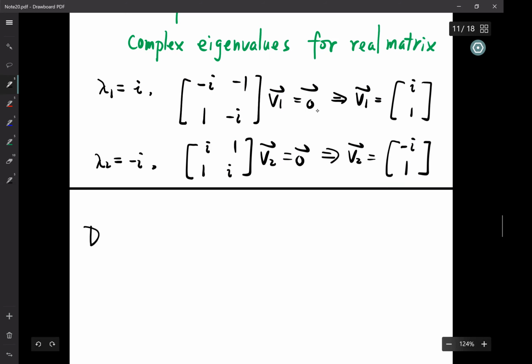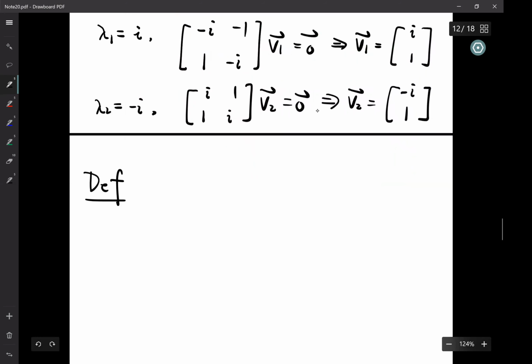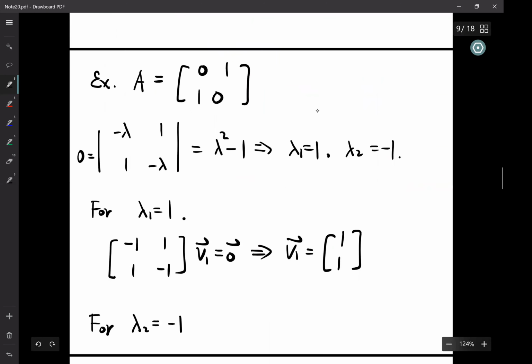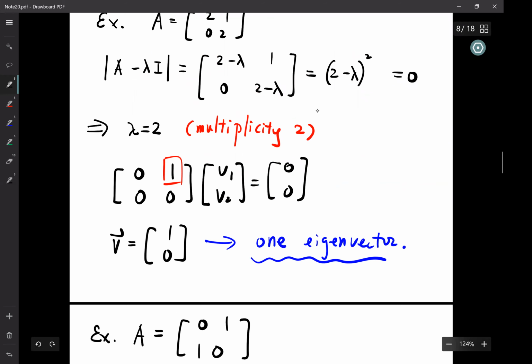Okay, so now we have said, using a few examples, that for a two-dimensional 2 by 2 matrix, sometimes we can find two linearly independent eigenvectors, but sometimes, as the example before showed, you can only find one eigenvector.